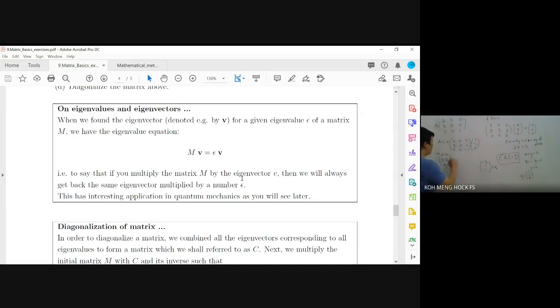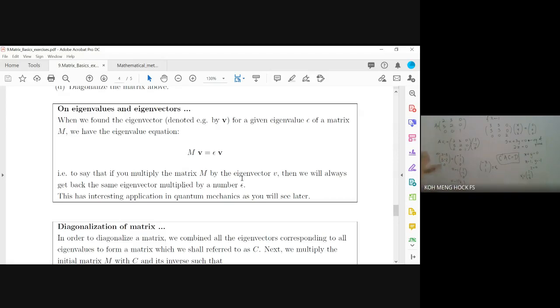Okay, so here you will get minus 1, 1, 0. And then now you can take out minus 1, so that you have 1, minus 1, 0, and 1, minus 1, 0 is exactly V1. So now this is negative 1 times V1.